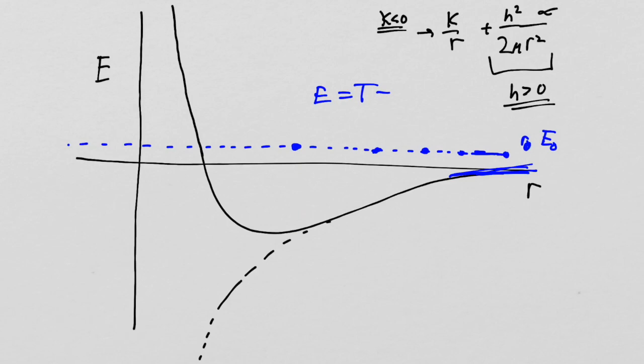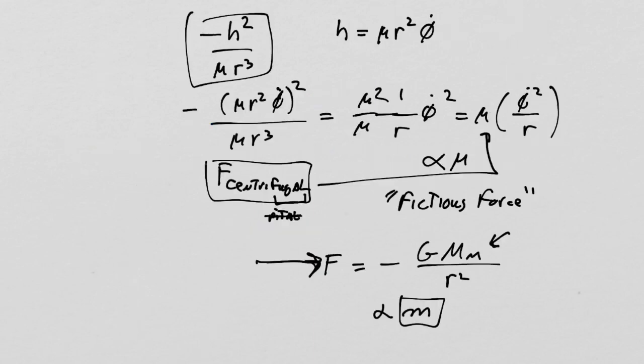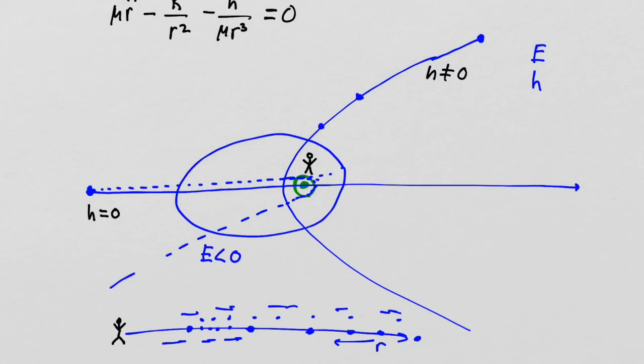What happens is as soon as it passes this point right here, now the force is actually zero, apparently, at one point, and that is going to be, from the perspective of these orbits, the point of closest approach, right? Because at that point, the second derivative is zero.